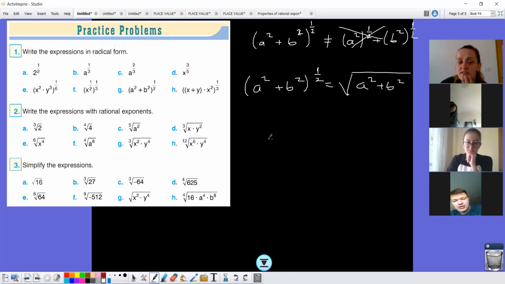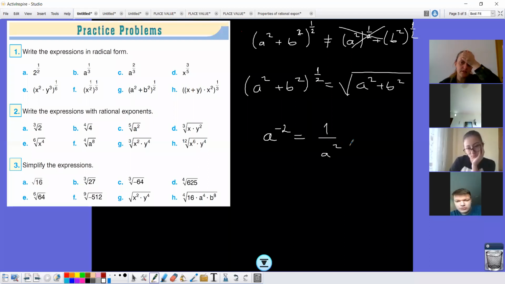If you have, for example, let's say a to the power of -2, it is 1/a squared. In this, the power is negative. Because I forgot how it was done. Okay. Do you have any question in the second and in the third one, guys? No.